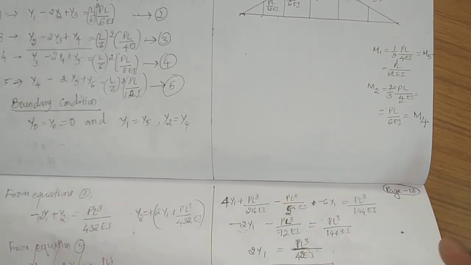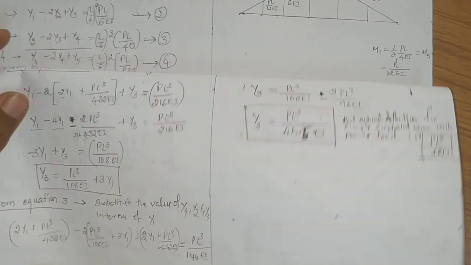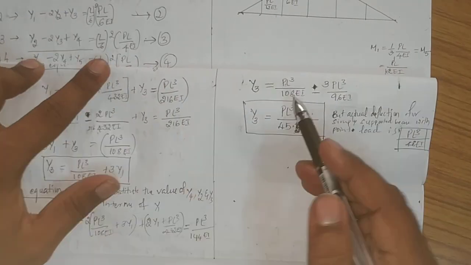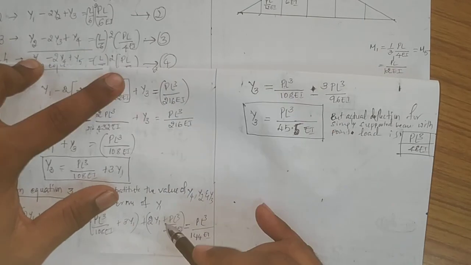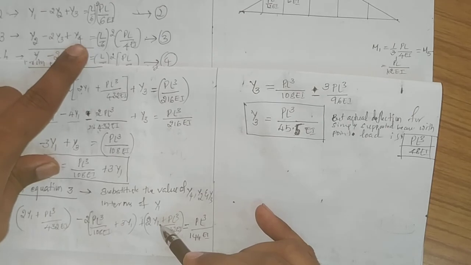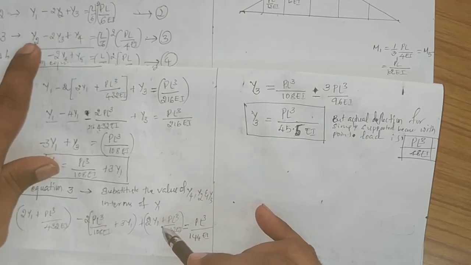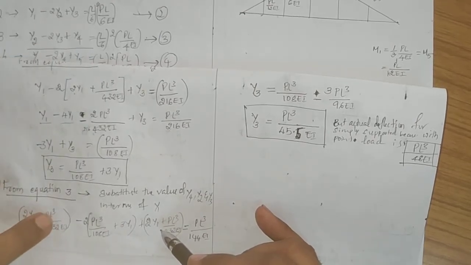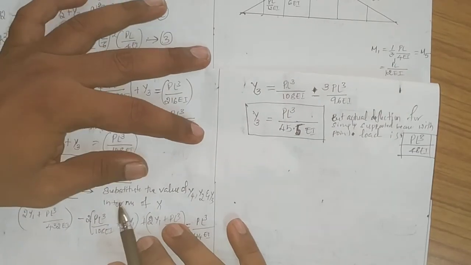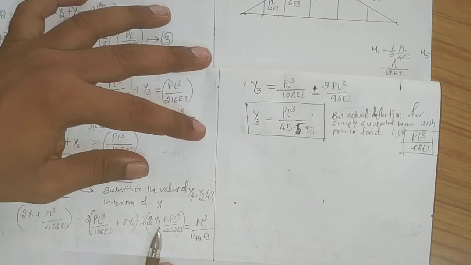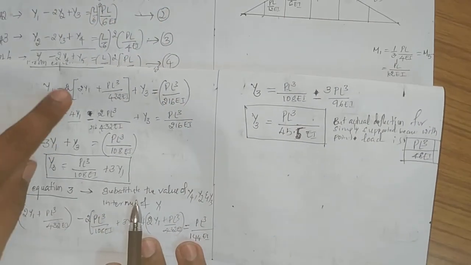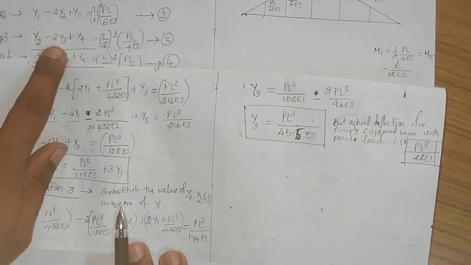That is what we are substituting here. This is y4, and we know that y4 is equal to y2, so y4 will become y2. Or directly you could have written 2y2, so 2 into (y1 plus PL cube by 432), no problem. Now the next step will be the same: 2 times this, and the remaining minus 2 times y3.